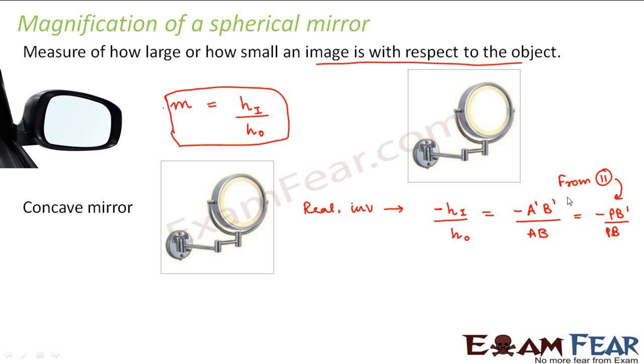I am not doing it again because we have already done it there, so you can just refer to equation number 2. What is this PB dash? PB dash was nothing but minus v, and PB was nothing but the object distance, that is minus u. So this came out to be minus v by u. So for a concave mirror, the magnification comes out to be minus v by u.